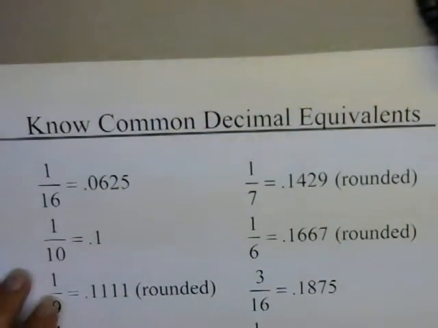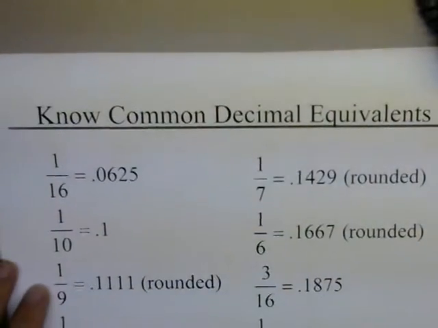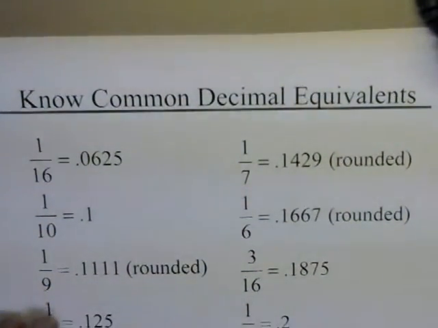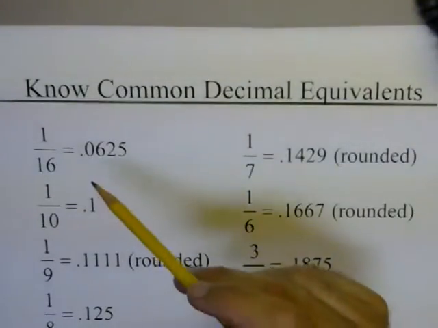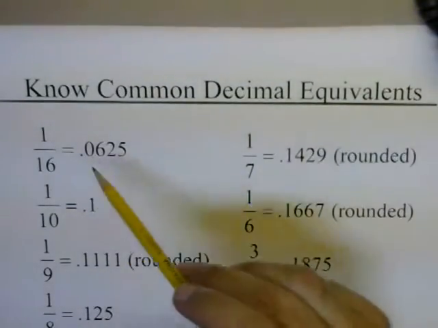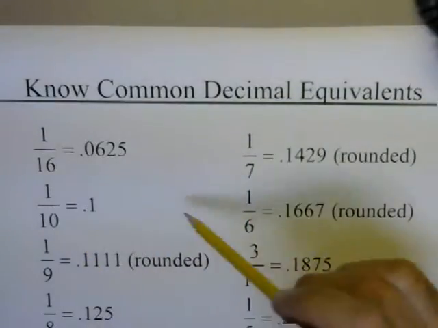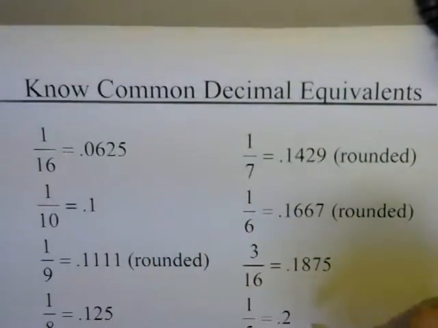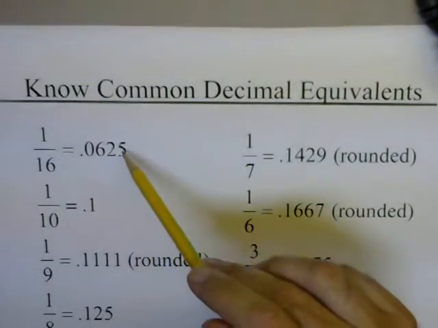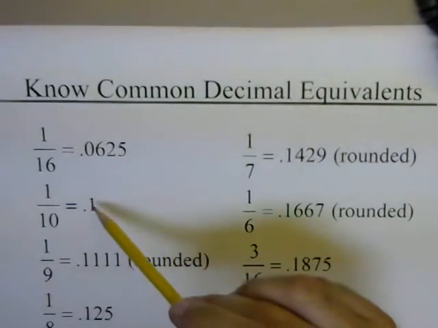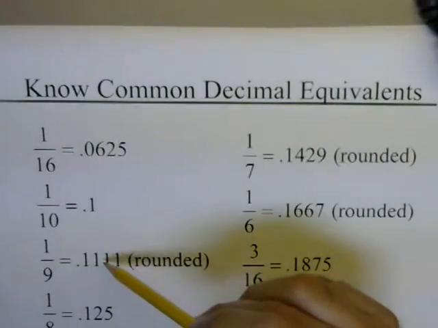Now there are certain fractions that show up a lot, like when you're doing mechanics or woodworking or something like that, that you might want to be familiar with. I'm not going to expect you guys to memorize these. Maybe you want to put these down on a formula sheet or something like that. But 1/16 is about the same thing as 0.0625. 1/10 is 0.1. 1/9 is 0.11 roughly.